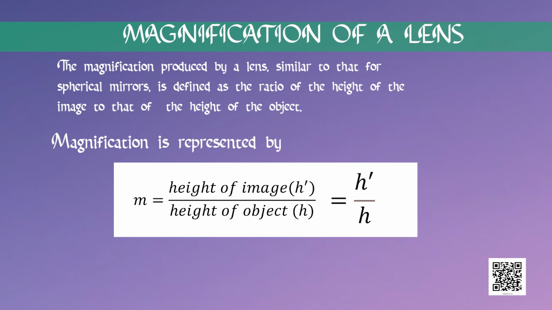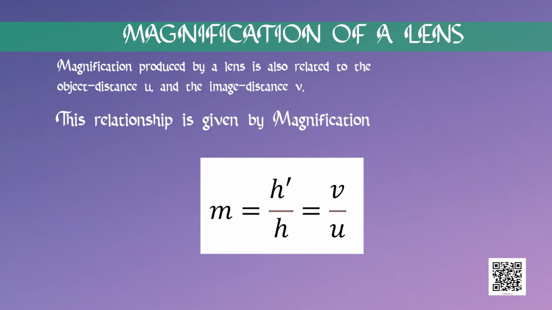If h is the height of the object and h dash is the height of the image given by the lens, then the magnification produced by the lens is given by m equals height of the image upon height of the object equals h dash upon h. Magnification produced by a lens is also related to the object distance u and the image distance v. This relationship is given by magnification m equals h dash upon h equals v upon u.